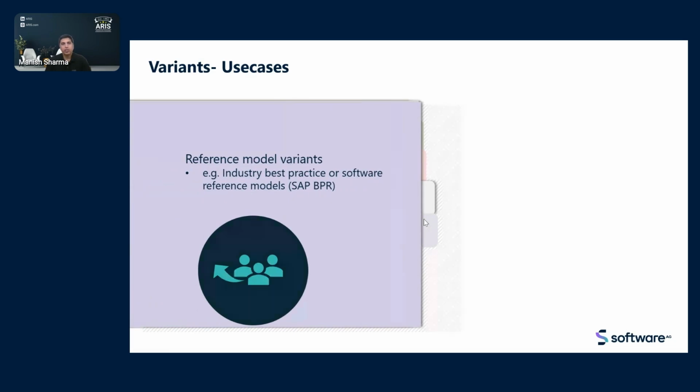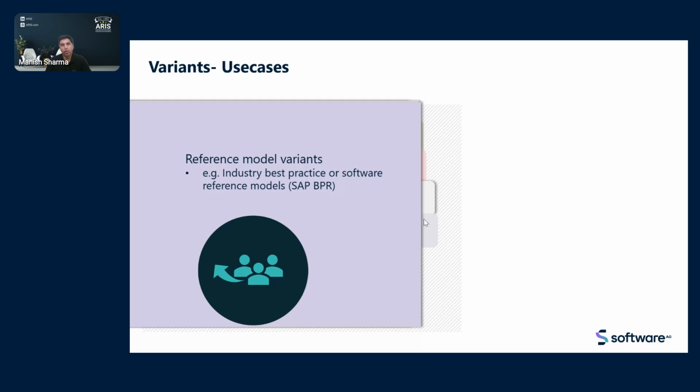And another use case could be reference models. So if you're using industry best practices, either from Software AG's industry best practice models that's offered as the IPR database, or if you're using the business process repository from SAP or Oracle Fusion's best practice models, you could take these reference models and then create variants out of them that are more specific to your business practices, or create your own blueprint, and then be able to compare your blueprint against the reference to see how divergent they are from the actual out of the box industry best practice, or the product SAP, for example.